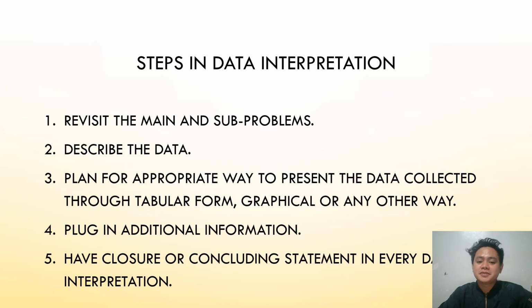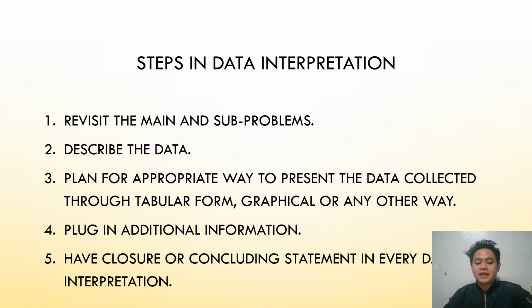Now let's proceed to the steps in data interpretation. Number one, revisit the statement of the problem that you have in chapter 1. Number two, describe the data, meaning it will depend on the statistical tools that you are going to employ. Number three, plan an appropriate way to present the data collected through tabular form, graphical form, or any other way.